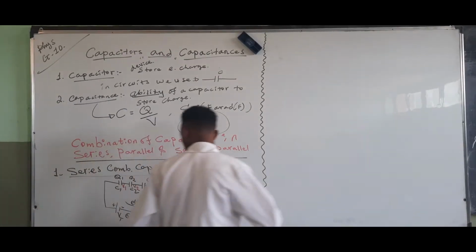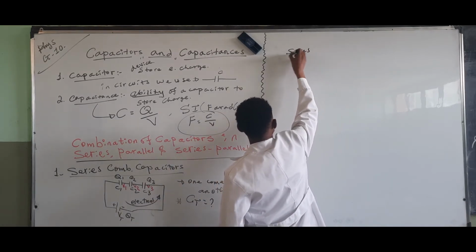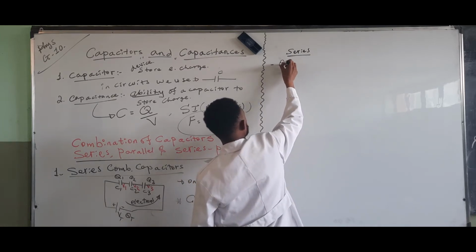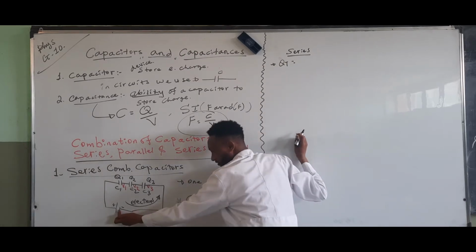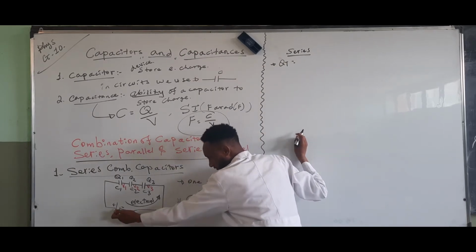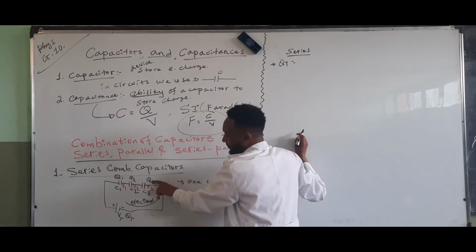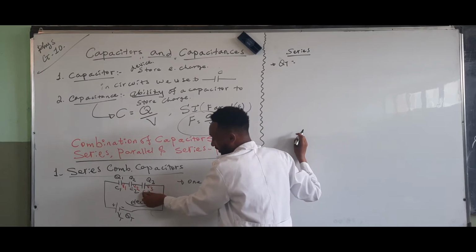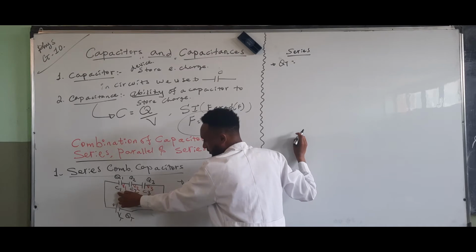Take that the circuit is a series. Take the total charge first. The charges start from the positive and go to the negative, so electrons move in this direction. Charge 3 passes through capacitor 3 and continues through capacitor 2 and also capacitor 1.